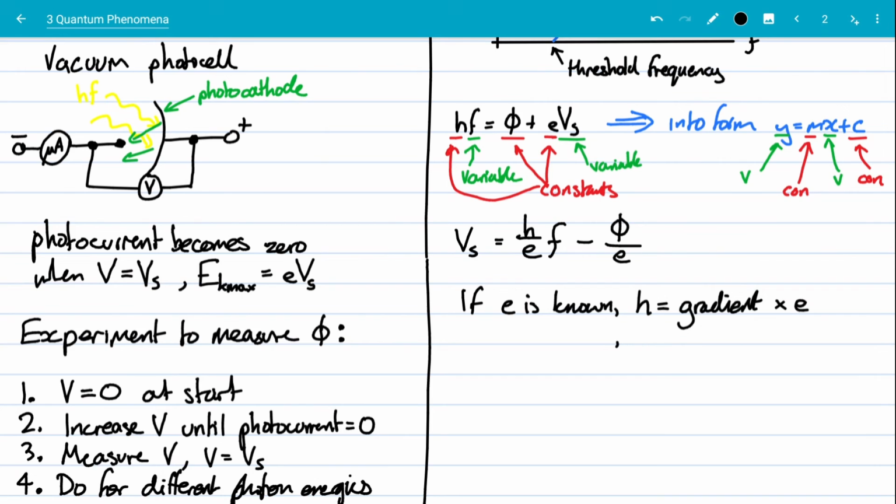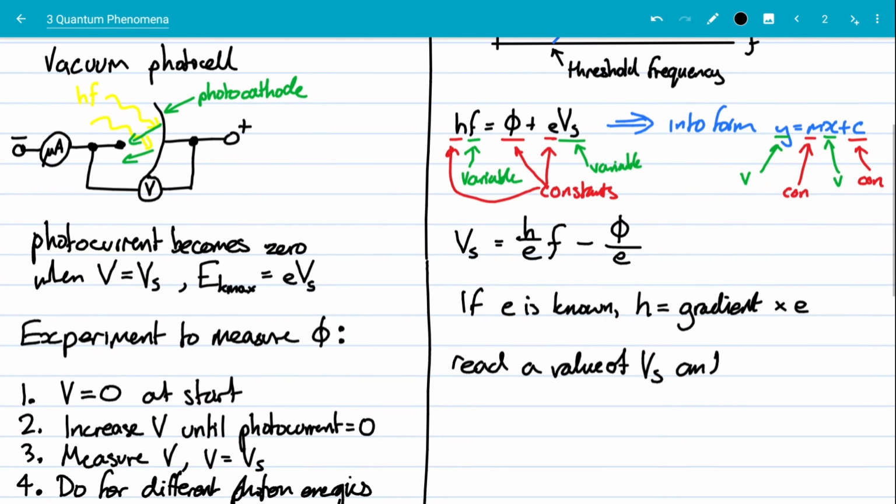So we could read a value of V and f from the graph, and they obviously have to correspond to each other, and then use them to calculate phi. And that's how we can get the work function. It's also how we can measure Planck's constant with this particular apparatus.